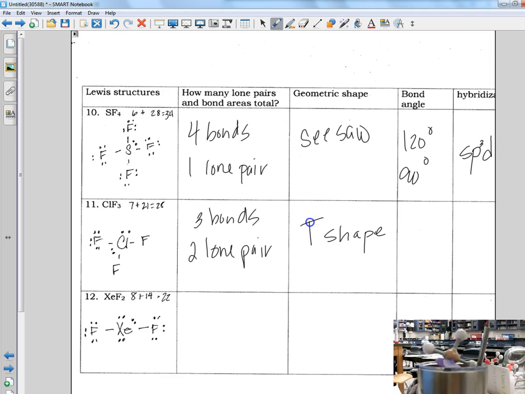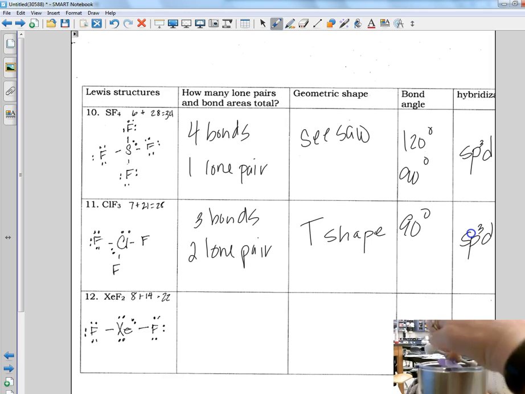Now our angles are all 90 degrees. Still sp3d.